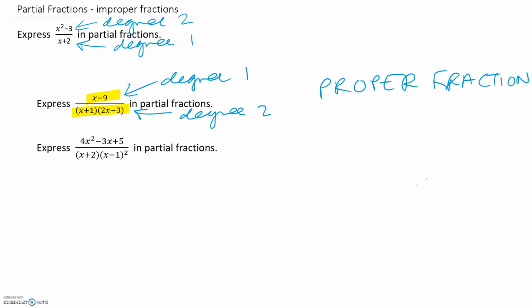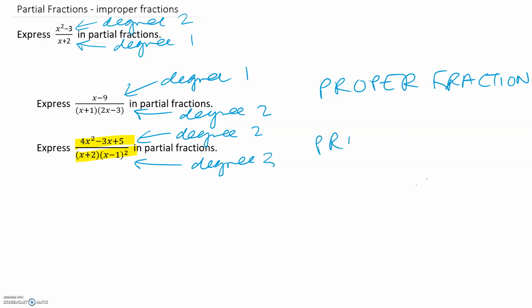If we look at the other question we did, this time we've got a numerator with a degree of 2, and a denominator. If you expand this denominator out, your highest power of x will be x cubed, so that will have a degree of 3.